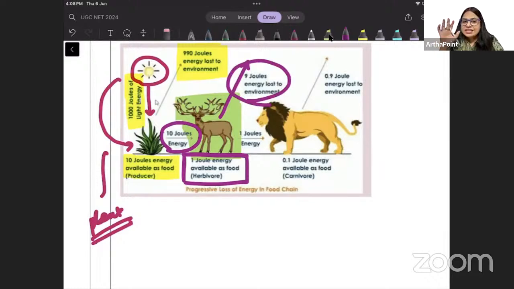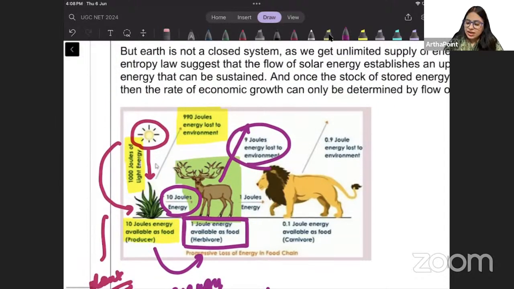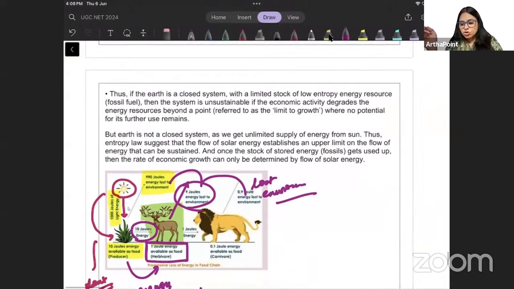So at each step, only some energy gets transferred. कुछ energy तो transfer हो रही है, energy transferred. And the remaining energy is lost to the environment. समझ रहे हो बात को?